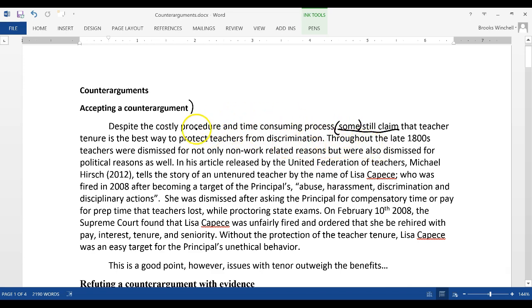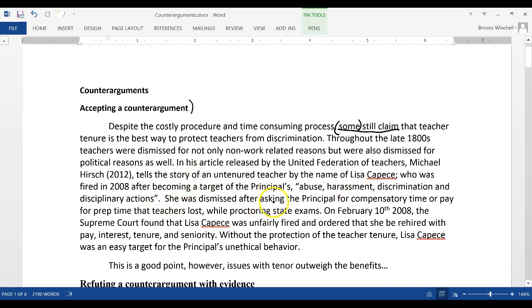Throughout the late 1800s, teachers were dismissed for not only non-work-related reasons, but were also dismissed for political reasons as well. In his article released by the United Federation of Teachers, Michael Hirsch, 2012, tells the story of an untenured teacher by the name of Lisa Caprice, who was fired in 2008 after becoming the target of a principal's abuse, harassment, discrimination, and disciplinary actions.